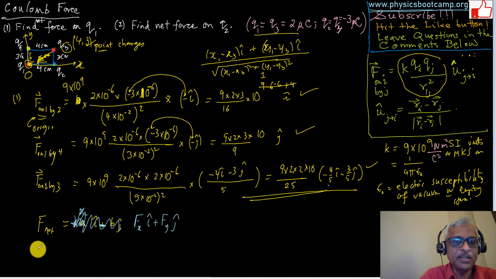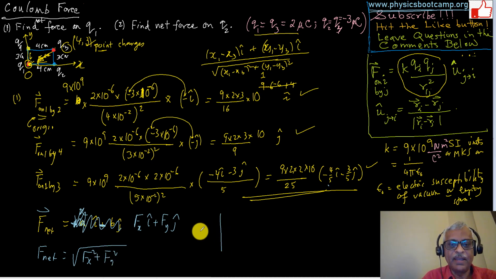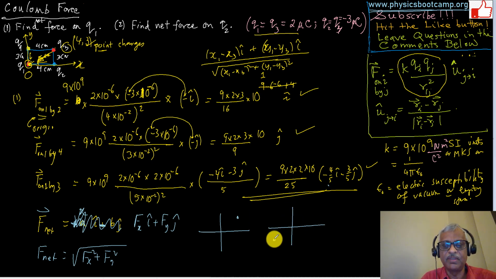So how do I get the magnitude? F net will be the square root of fx squared plus fy squared, and the direction will be, say these are plus, which is not the case here. Here it's more like it's over here. If it's over here, then you get an angle theta.